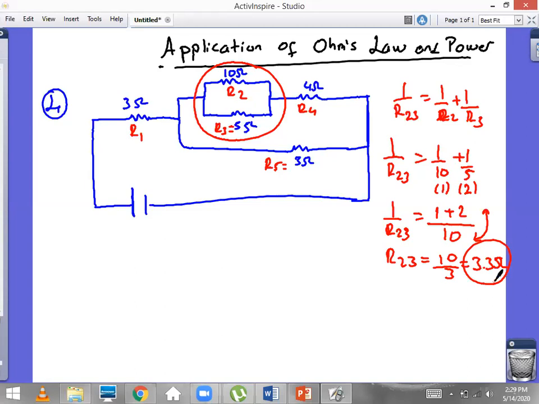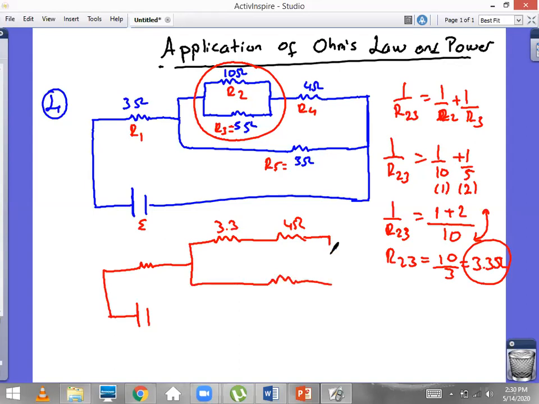So now our circuit is going to be like this. Let's draw it again. Here the circuit is going to be like this. Here we have 3 ohm. Here is going to be 3.3. Here we have 4. And at the bottom part we have 3 ohm again.